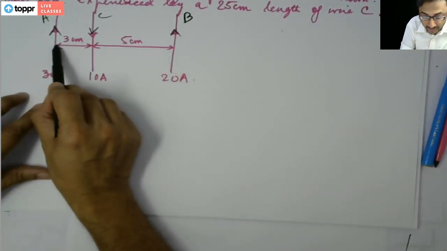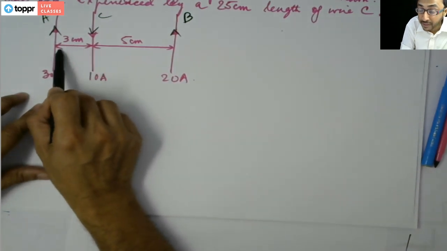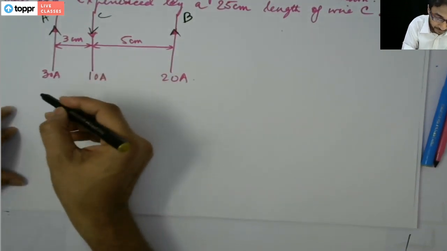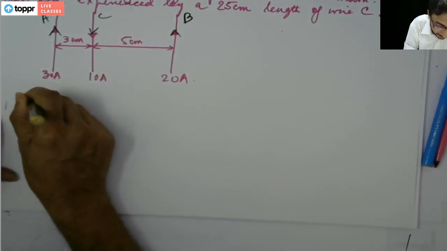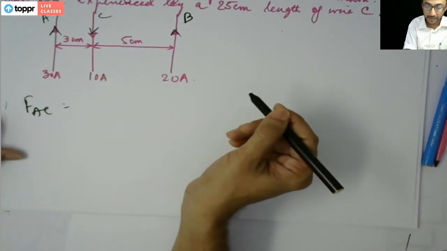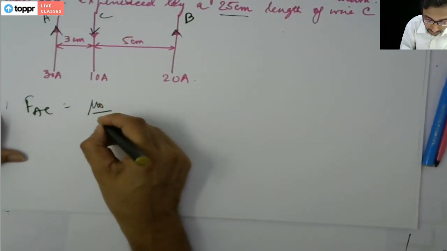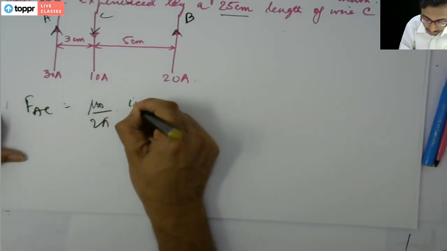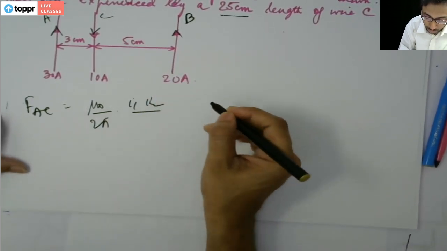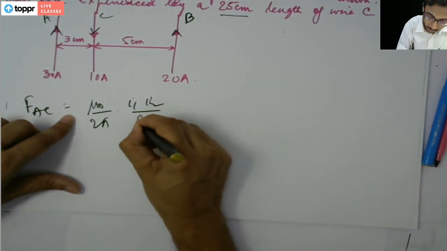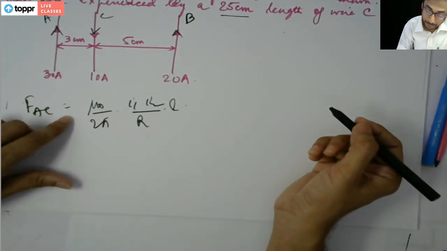But see here the distance is less, so definitely the force will be more. Here the distance is more, so the force will be less. Let us first see F AC. Length is given, 25 centimeter. It is nothing but mu 0 by 2 pi I1 I2 by R, times L, right?